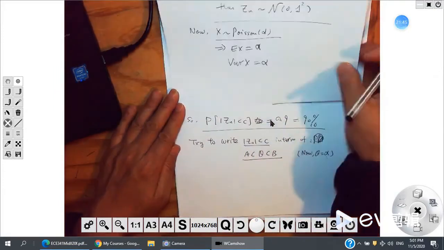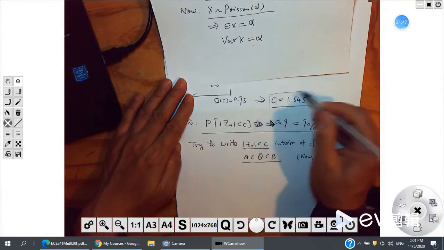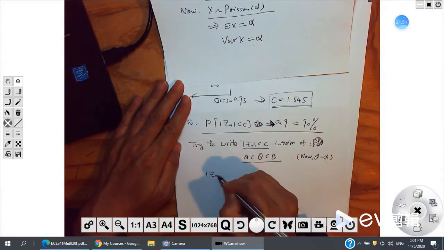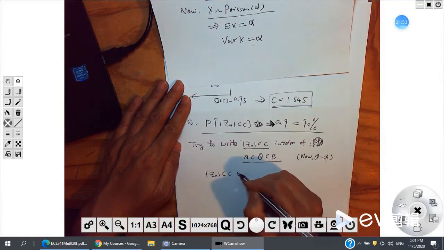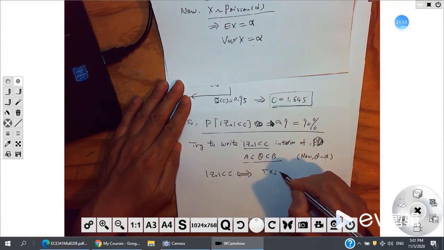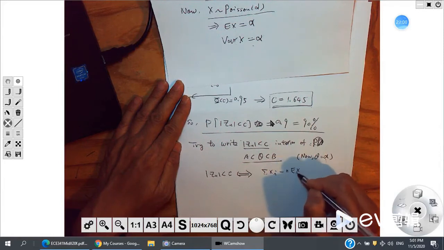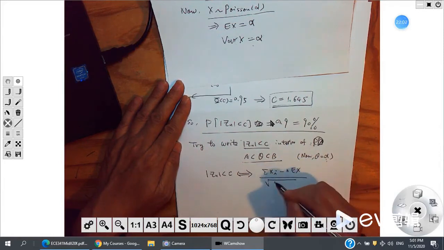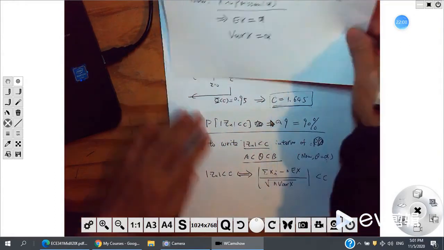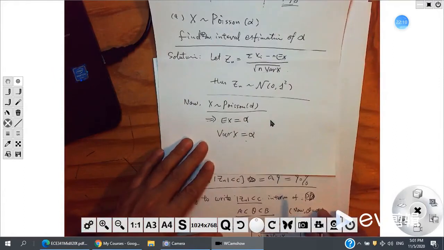C is this one. And |Zn| smaller than C is just the absolute value of the summation of Xi minus n times E of X, over the square root of n variance of X, smaller than C. And then we plug in the given values.